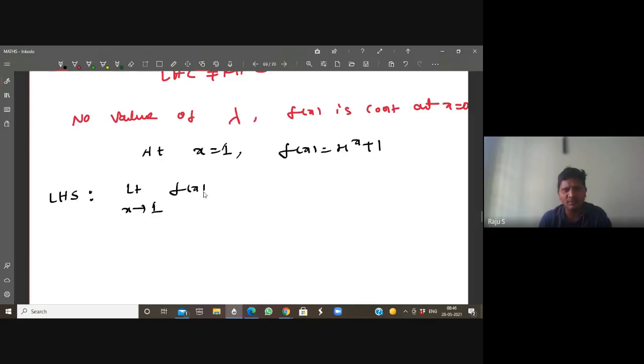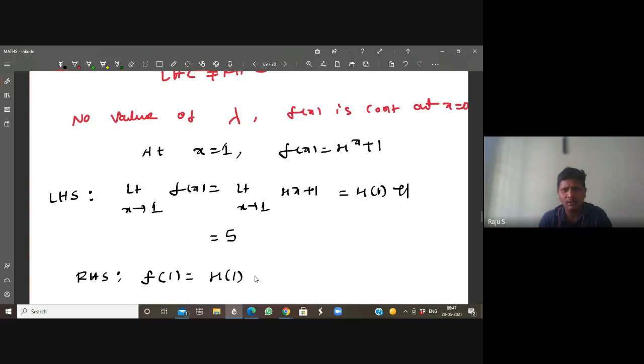Limit x tends to 1 of f of x, the value is 4x plus 1. That is 4 into 1 plus 1, so this is 5. And now RHS, right hand side, that is f of 1. f of 1 is 4 into 1 plus 1, that is equal to 5.